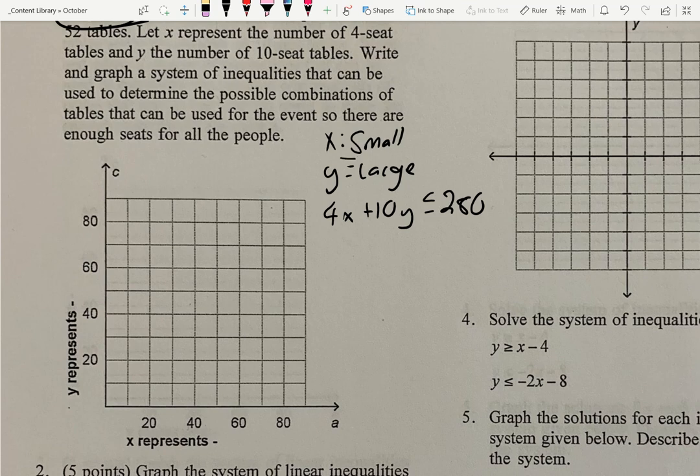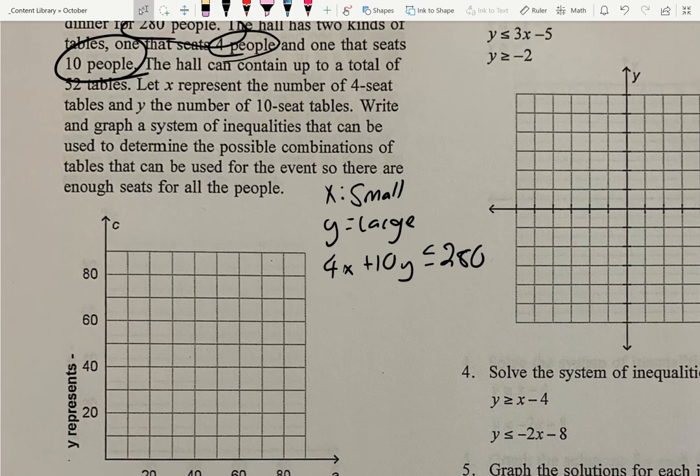X represents small tables again, y represents large. So the number of small tables, just x, plus the number of large tables, just y, has to be less than or equal to 52, because the hall can contain up to a total of 52 tables. So we can fit 52 tables at max.